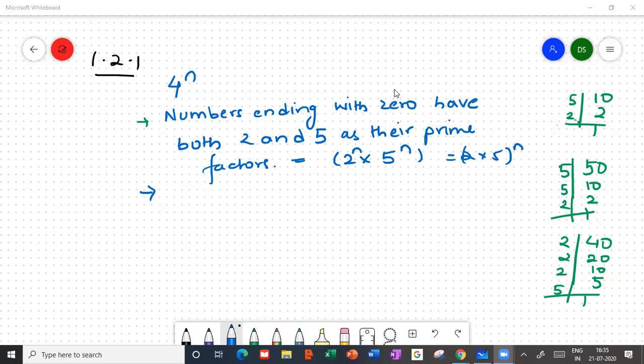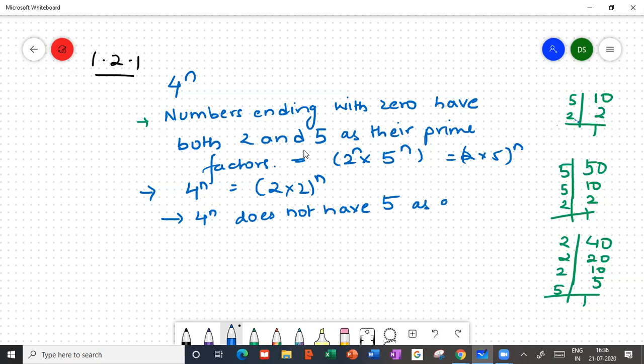Okay. Yeah. So the next thing you write will be that 4 to the power n will always be 2 into 2 to the power n, isn't it? I have just written 4 as 2 into 2. So 4 to the power n does not have 5 as a prime factor.